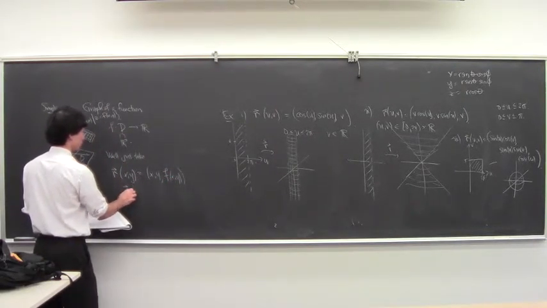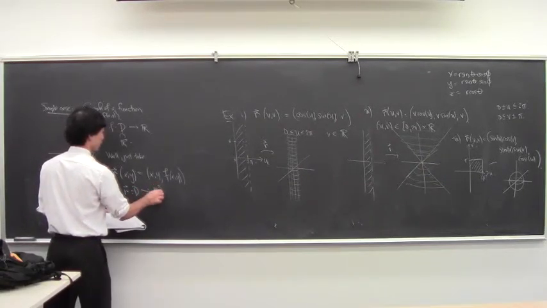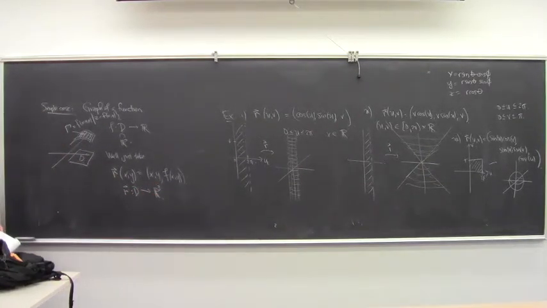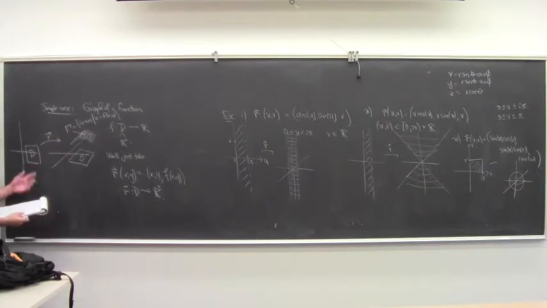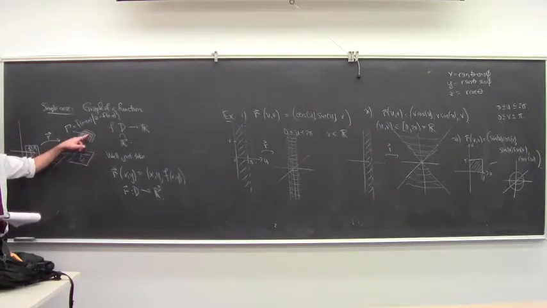Where r goes from D into space. Here's your graph, and you say, okay, I'm just going to take as my domain D. And I'm going to create r by saying this point x, y is going to go to x, y, f of x, y.